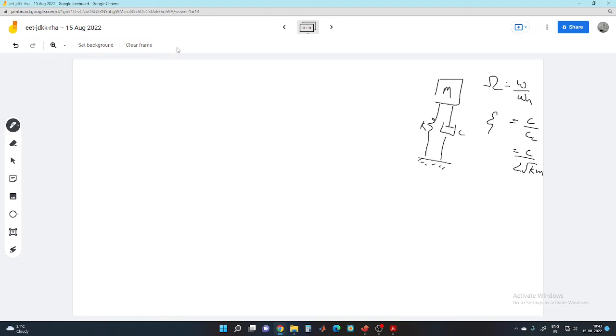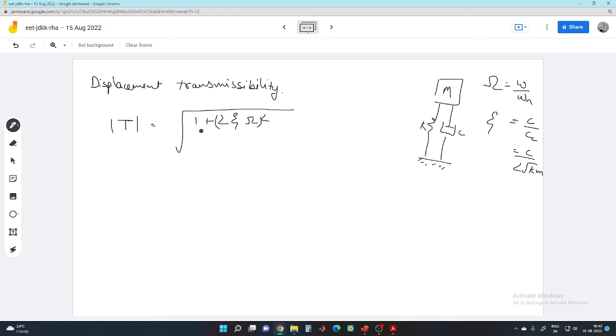Using that we can write the displacement transmissibility, capital T, as square root of 1 plus (2 xi omega) square upon (1 minus omega square) square plus (2 xi omega) square.